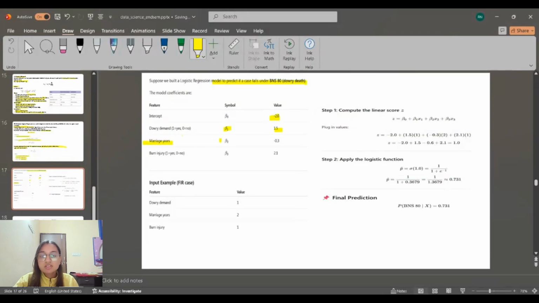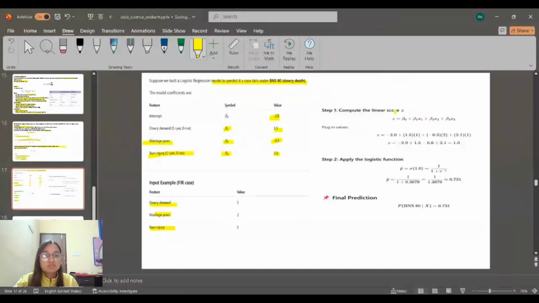Marriage year, symbol β2, value minus 0.3. Burn injury, 1 is yes, 0 is no, β3, 2.1. Input example, an FIR case: dowry demand value is 1, marriage year is 2, burn injury value is 1.